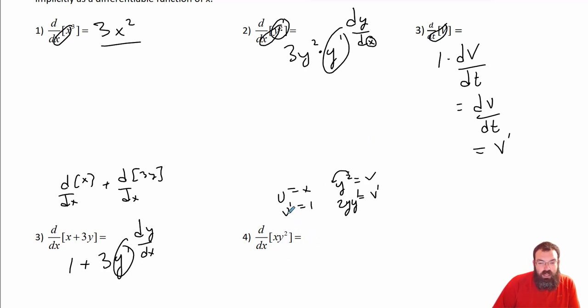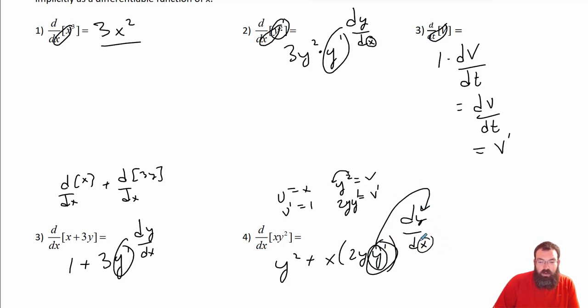So u prime times v is 1 times y squared, plus x times 2y y prime, or I could say dy dx. The variable I'm differentiating is up top, and the variable I want to differentiate with respect to is on the bottom.